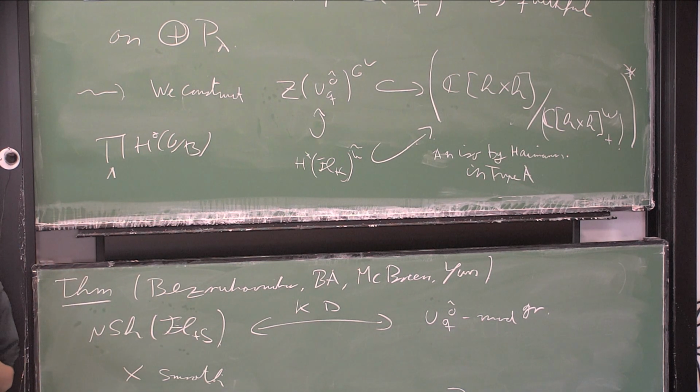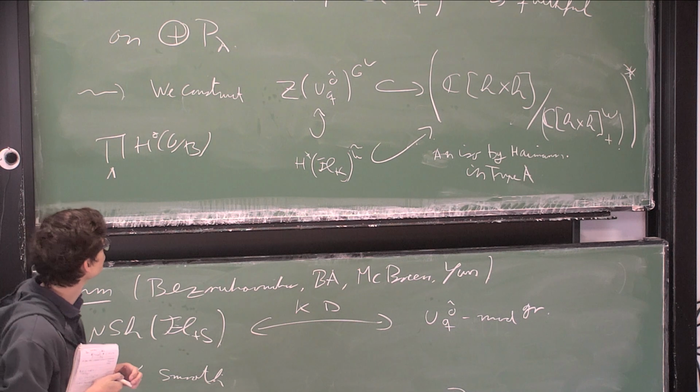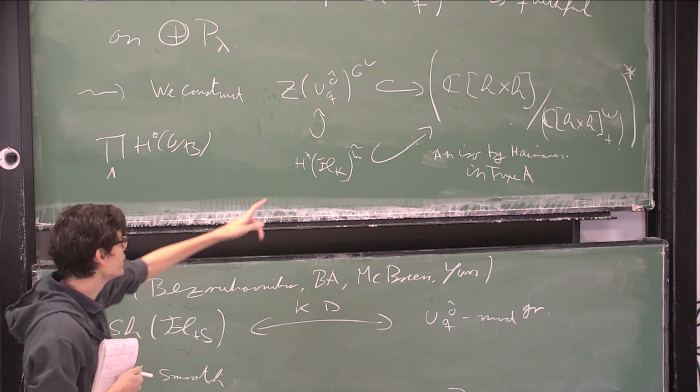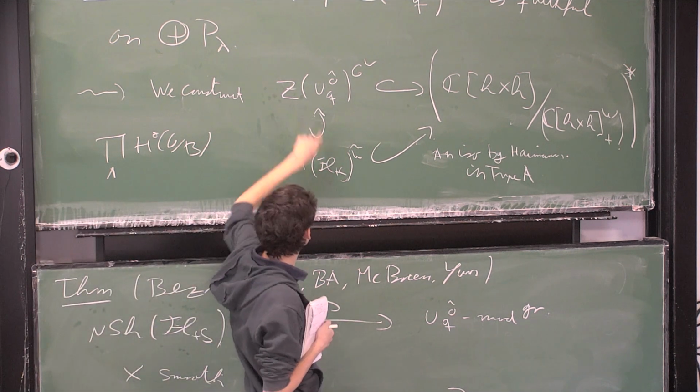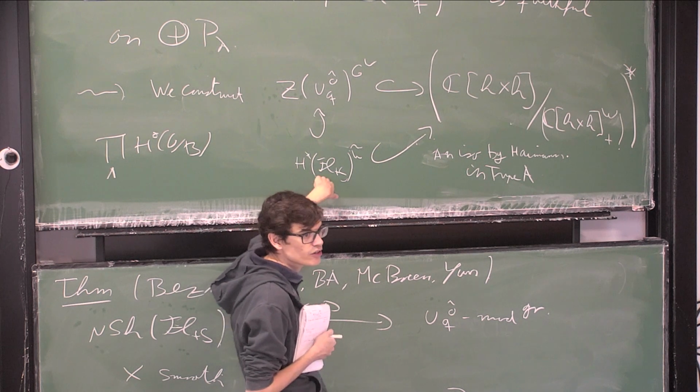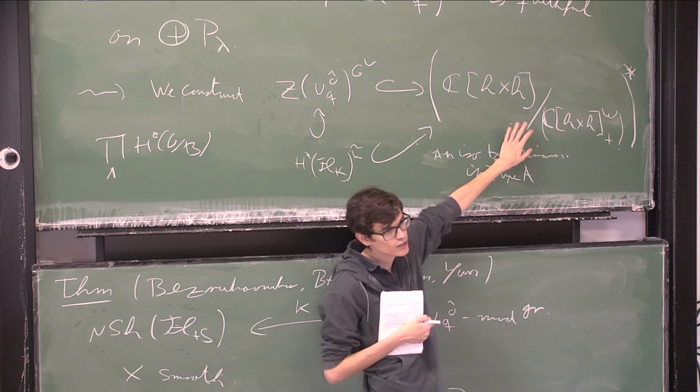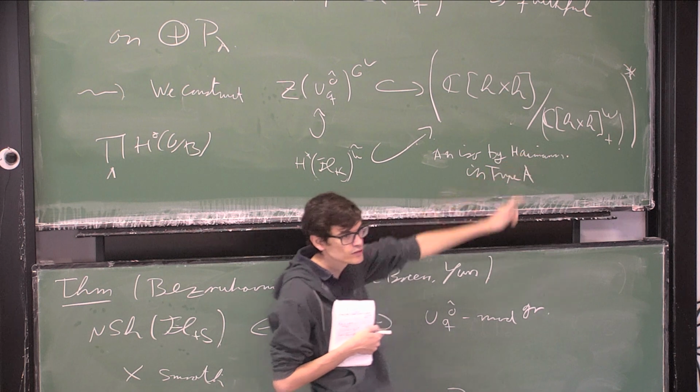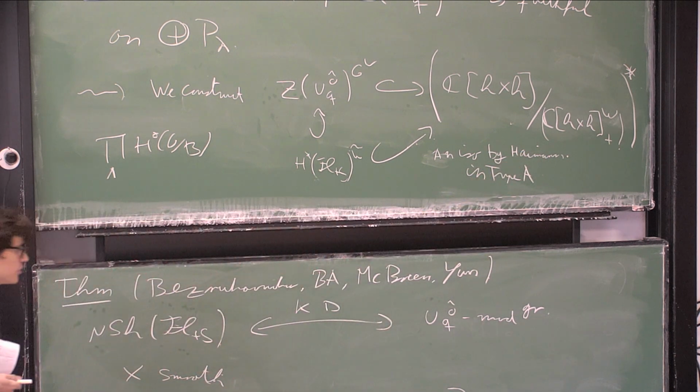Do you know anything about the algebra structure? Double coinvariance has some algebra structure. Yeah, so the algebra structure here is the same algebra structure as here. So it's not using the algebra structure of the diagonal coinvariance. No, the diagonal coinvariance algebra structure does not appear. It's known that the multiplication at the center is not the same multiplication as in the diagonal coinvariance, even in the case of SL3.